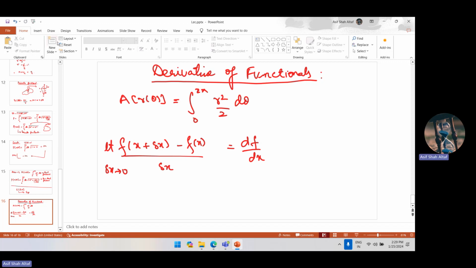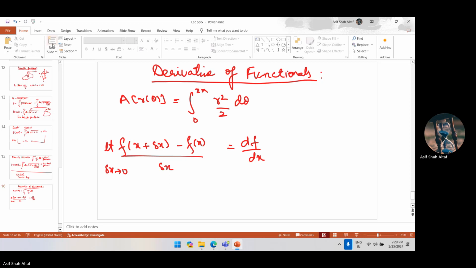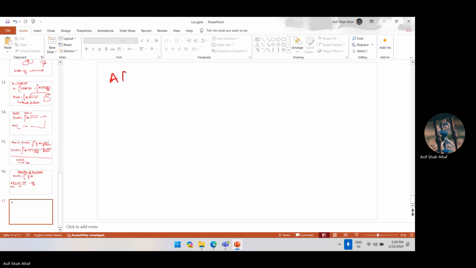What we need to do is add a small change to the function and see how it changes.